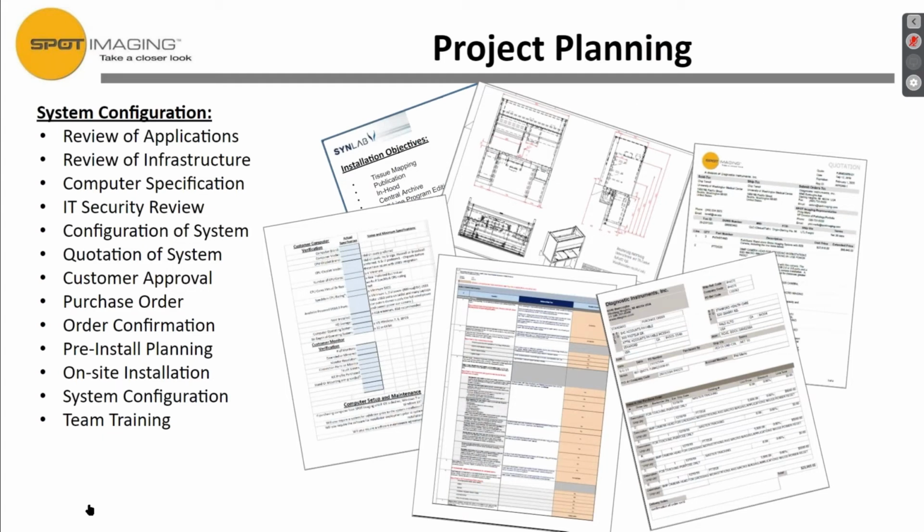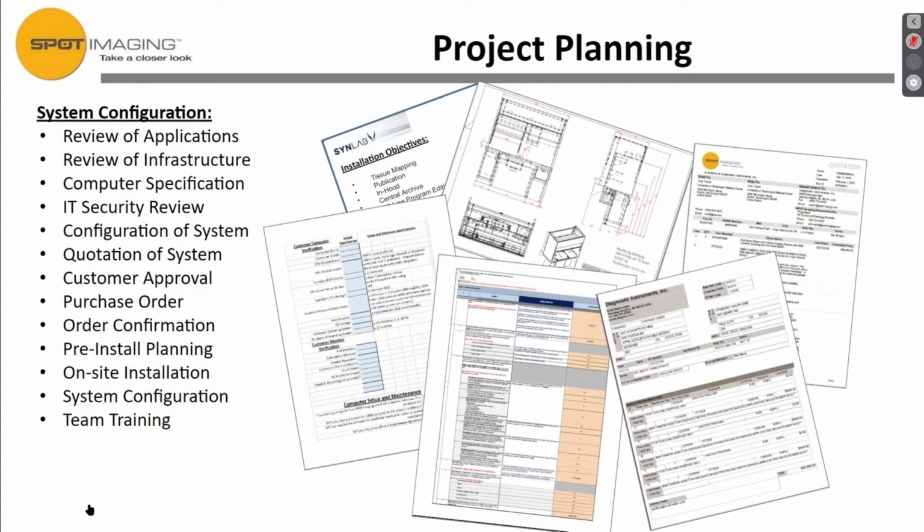To do project planning, we'll get with you, review basically your application and your infrastructure, work with you on any computer specifications for your IT department to supply, and fill out the IT security reviews for you. We'll work with you to make sure your system's configured, and provide you a quote.